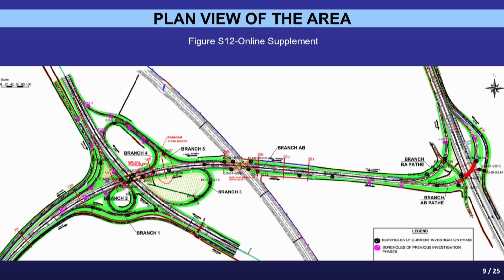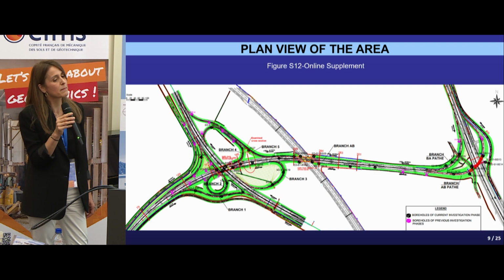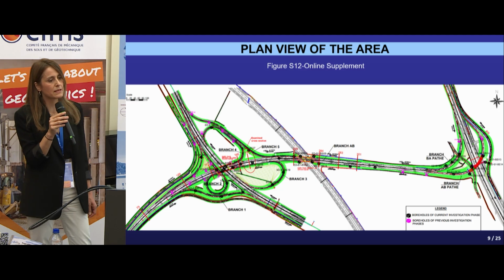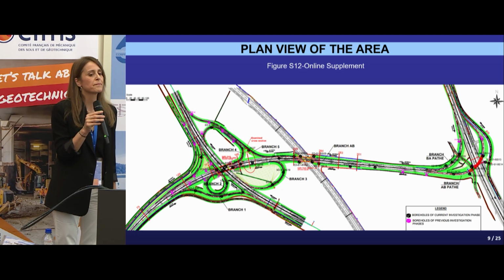And let's move from the general view of the project to the design phase, focusing on some key features. The interchange has 1.5 kilometer length. The maximum height of the embankments is 14.2 meters.